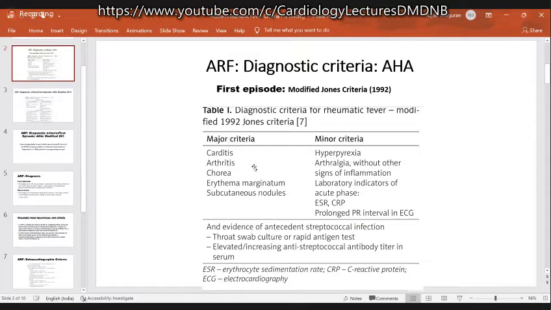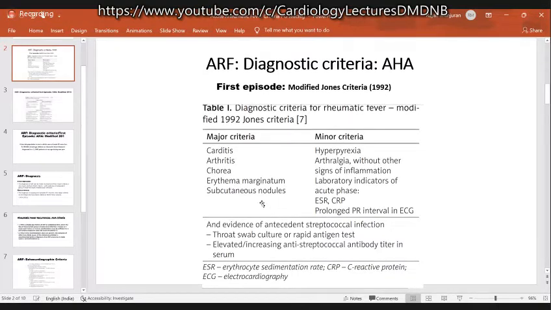And as pointed out by Ronak, the criteria for the diagnosis of acute rheumatic fever is evidence of an antecedent streptococcal infection with one major criteria and one minor, or two minor criteria, or two major criteria. That is enough.